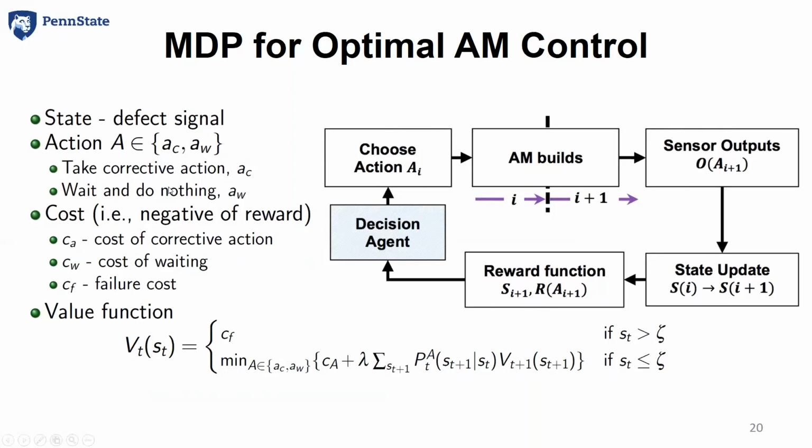And if you wait, there's a potential waiting cost, and that will also be failure cost, because failure cost is usually higher if you have embedded defects in one layer. Eventually this build fails, and that failure cost is very high because you cannot use that whole part anymore. And this is the value function we use to perform the sequential optimization of the AM build.